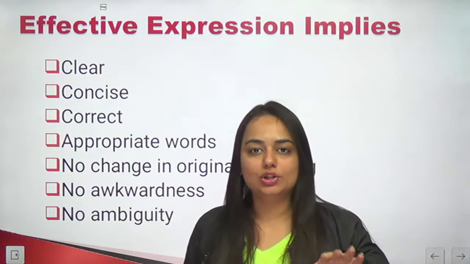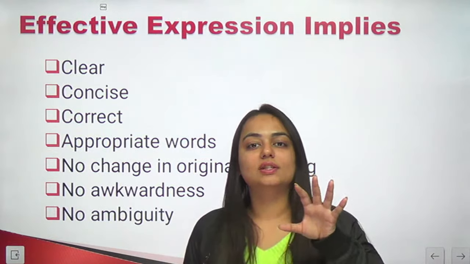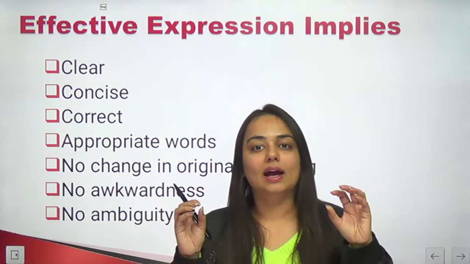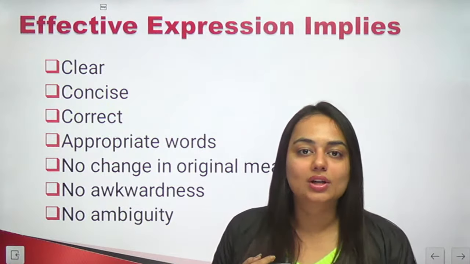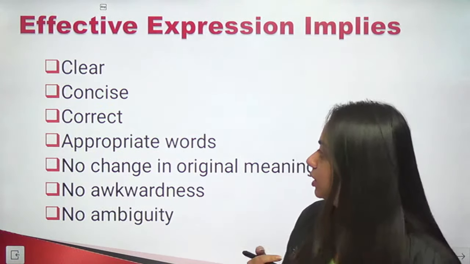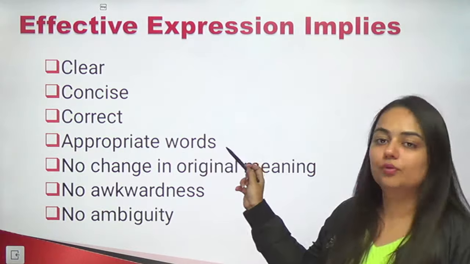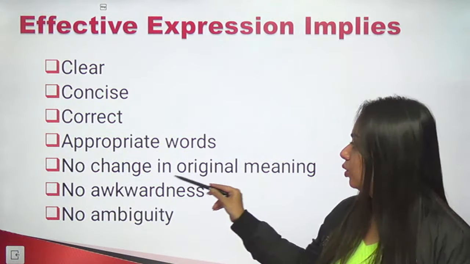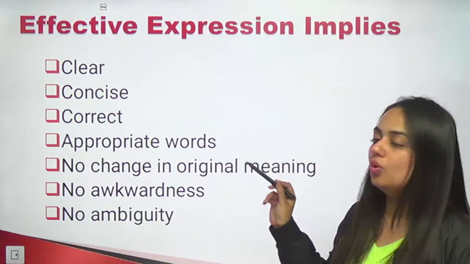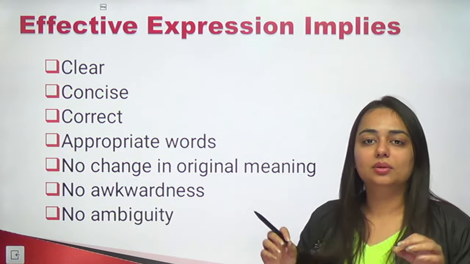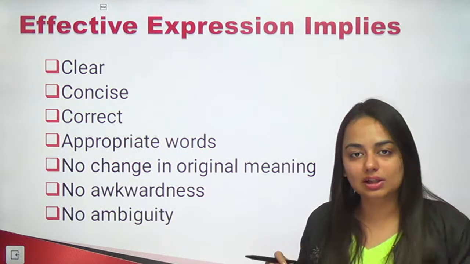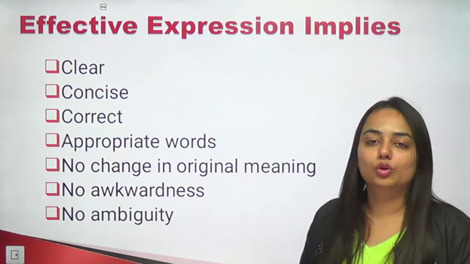Whatever the question is trying to convey, if it is conveyed through a direct and correct sentence, you should be going for that one. Unnecessary wordiness should be avoided, absolutely. Appropriate word choice should be there. No change in original meaning, no awkwardness, and no ambiguity. If the meaning of the sentence is not clear in that particular form, you won't go with that.